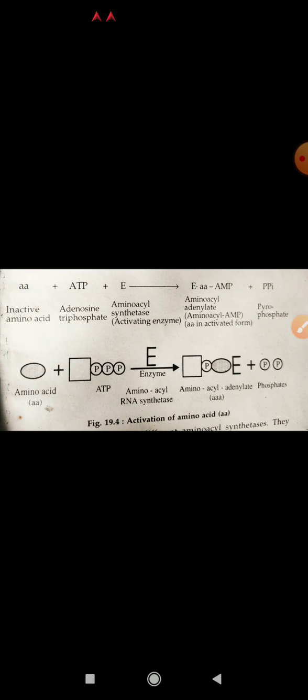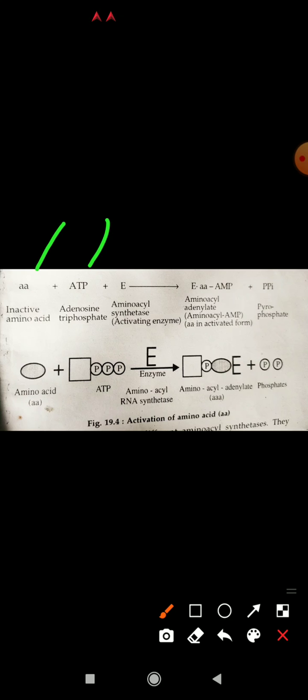This activation is due to ATP. So see here, amino acid plus ATP plus enzyme, amino acid synthetase enzyme, and as a result of that, amino acid adenylate complex is produced and phosphates are released.